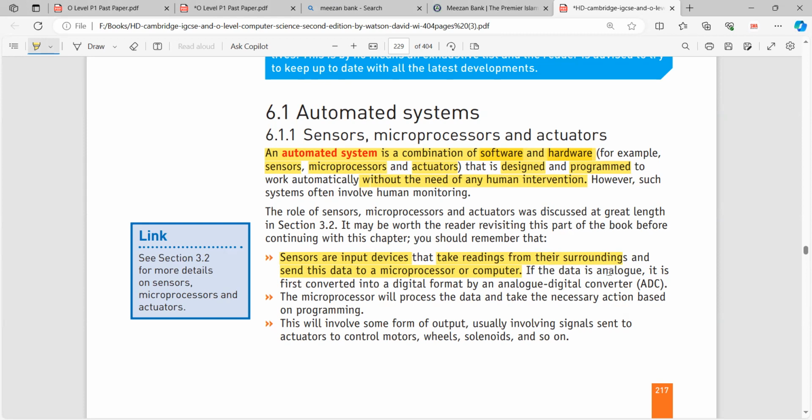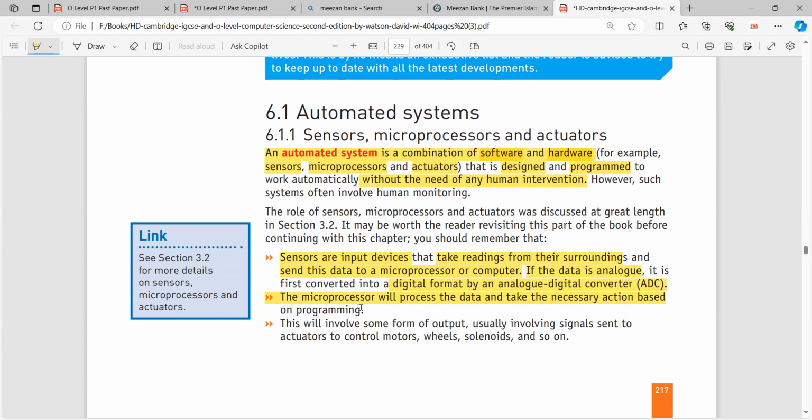That means that if the data is analog, it is first going to be converted into digital form, as we discussed in chapter number 1, in the chapter on sound, that for the computer to process data, it must be converted into digital form, right? So sensors first take your analog data, convert it into digital form, and then send it to the computer for processing so that it is understandable by the computer.